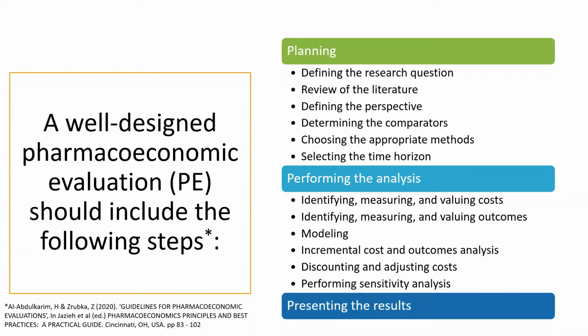And then we have the stage where we have to perform the analysis by identifying, measuring, and valuing costs and outcomes, and then modeling these costs and outcomes, calculating the incremental cost and the incremental outcome, doing discounting and adjusting costs, performing sensitivity analysis, and then presenting the results. And I will talk in detail about all these steps. Next, please.